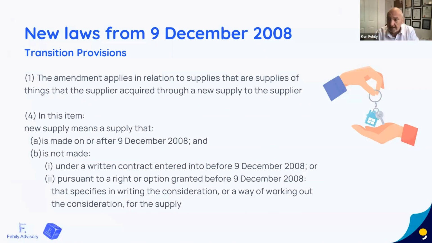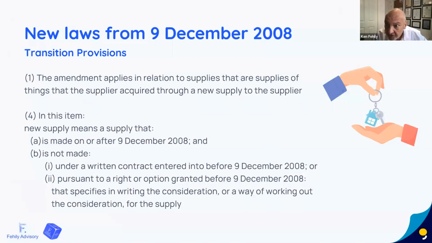If I'm supplying something today, and it was something that I acquired after 9 December 2008, the only way we can work that out is if I work out my previous supply. When somebody asks me, can I make the supply of this under the margin scheme, I'm going to say, when did you buy it?